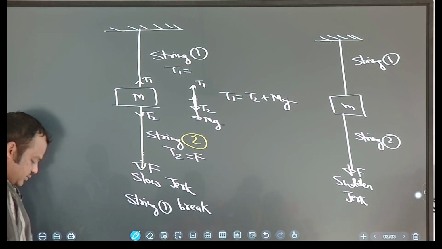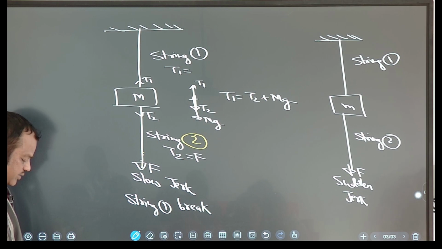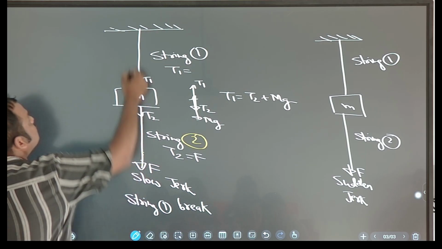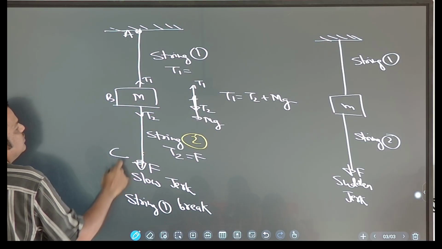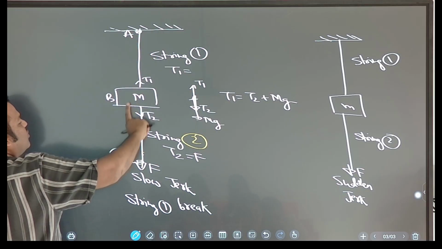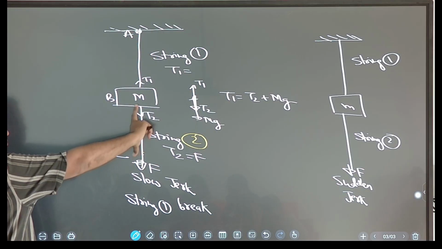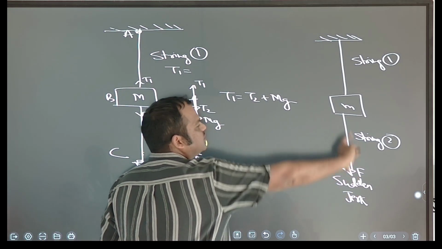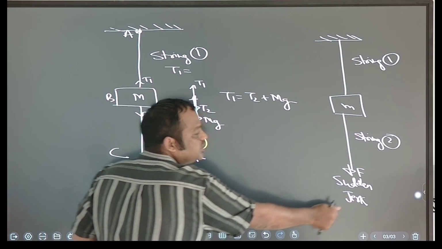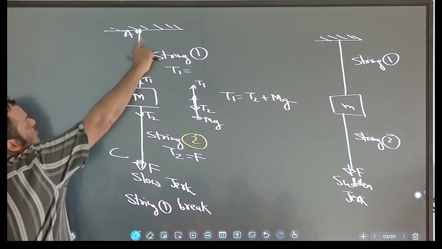Sudden jerk is given to C. Which will break, AB or BC? This point is A, this point is B, this point is C. BC will break with a sudden jerk. With a slow jerk, AB will break.